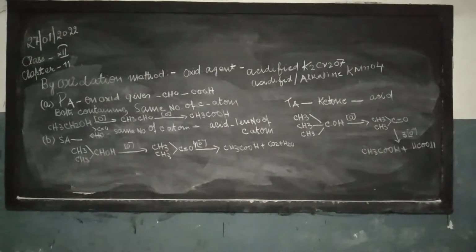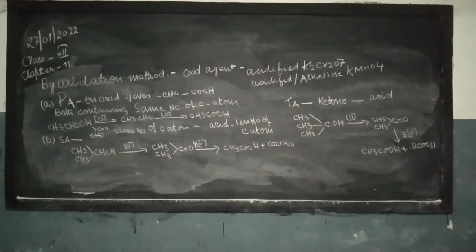Our starting alcohol contains 4 carbon atoms, whereas the ketone contains 3 carbon atoms. What does it mean? It contains less carbon atoms than the starting alcohol.